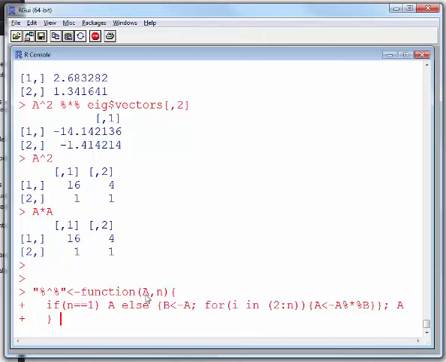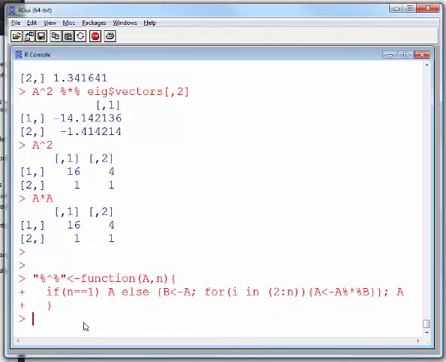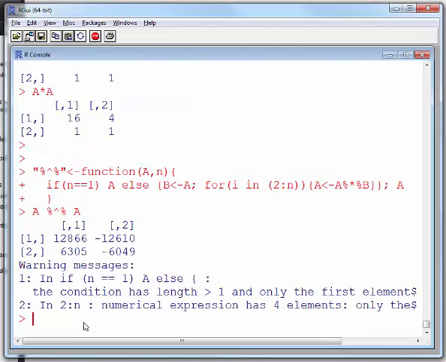It's a function of a matrix and some number n, and so if n is equal to 1, then return the value of A. Otherwise, do all this stuff. You can read through that, should make some sense. And so now, if I do A %^% 2, I should get something different, right?